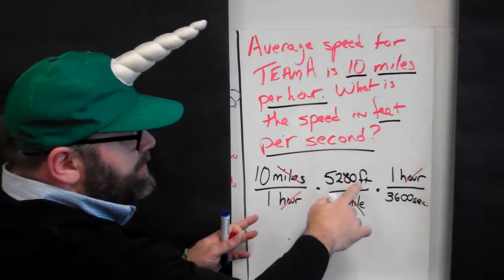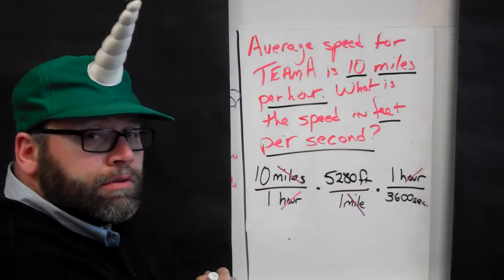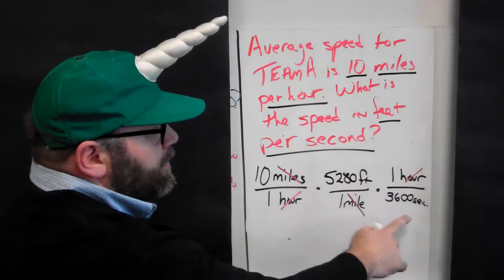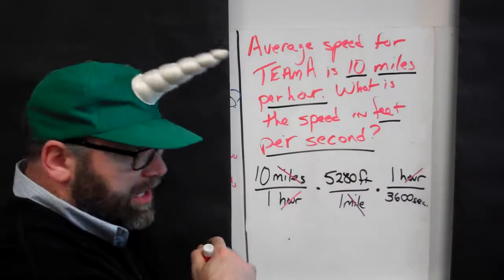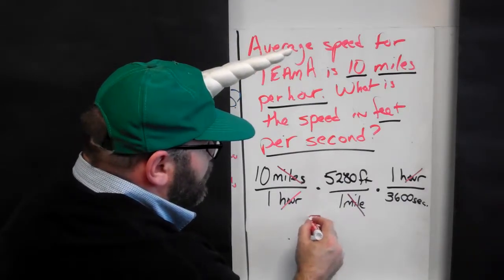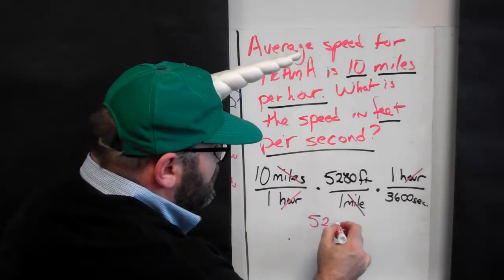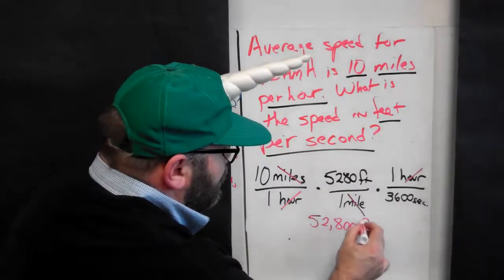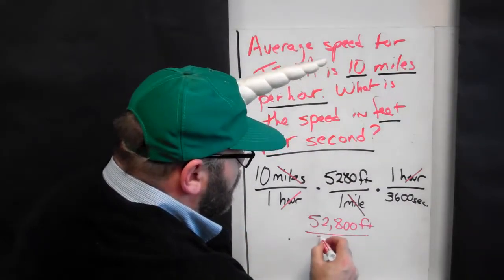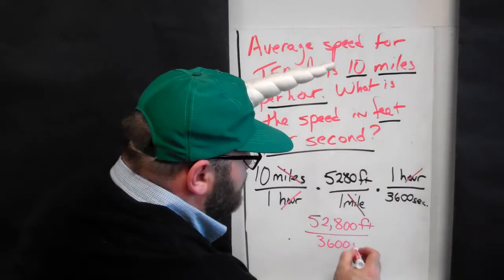And now I've got it down to feet per 3,600 seconds. So I'm going to multiply across, which will give me 52,800 feet over 3,600 seconds.